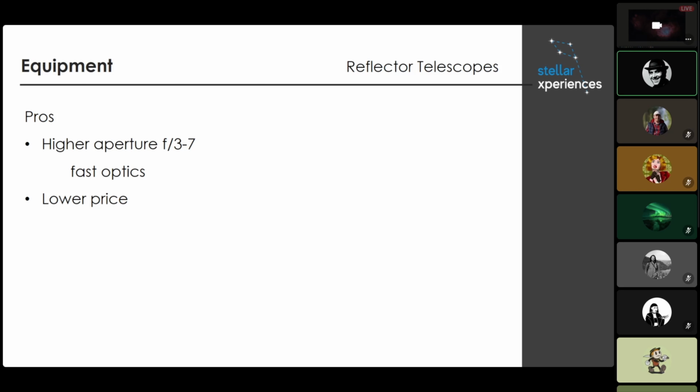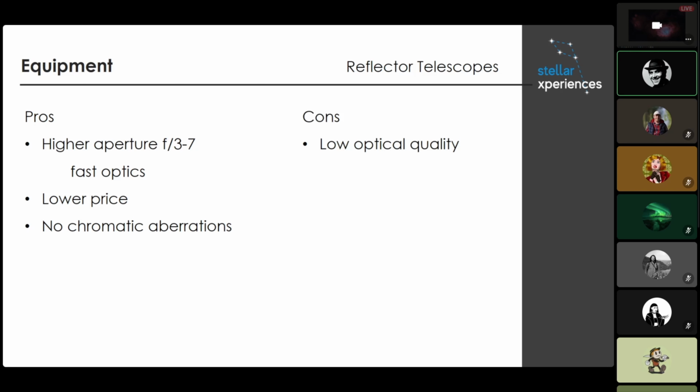So it is easier to make them larger at a lower price. And as the light doesn't go through a medium, they don't create chromatic aberrations, which is an absolutely beautiful feature.